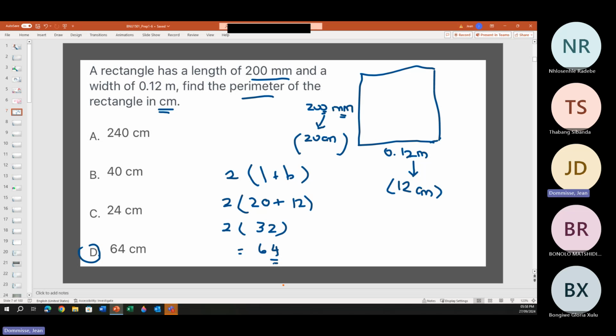Here both were different, so both needed to be changed to centimeters, but it could have been that one is centimeters and the other one needs to change. So just check what your final answer is and in which format, so that you can change it into the right format.